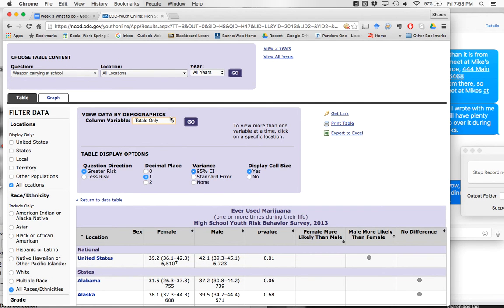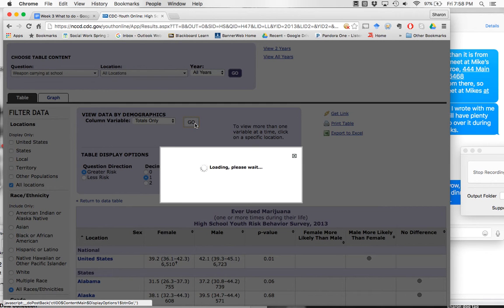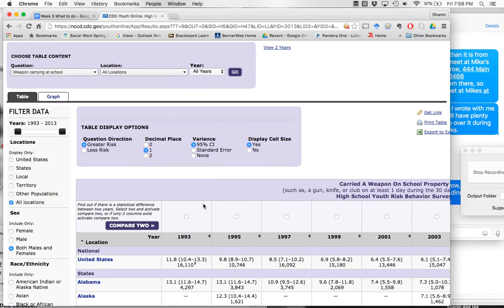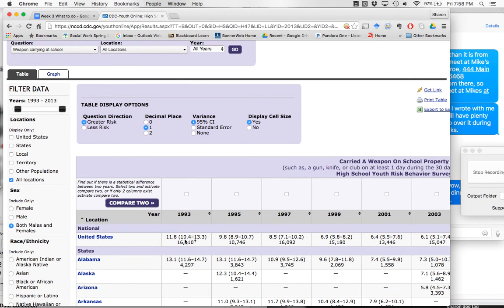Sometimes, if you're not familiar with how to use a data analysis tool like this, it's a good idea to just give it a shot and see what happens. So we're trying to see if there's a difference over the years on weapons carrying. Okay, so let's look at the United States data as a whole.